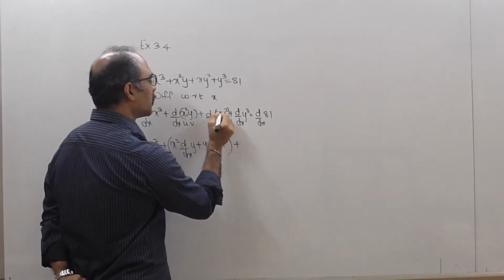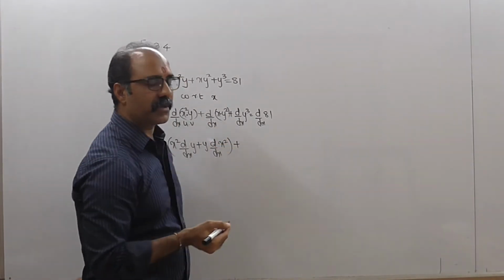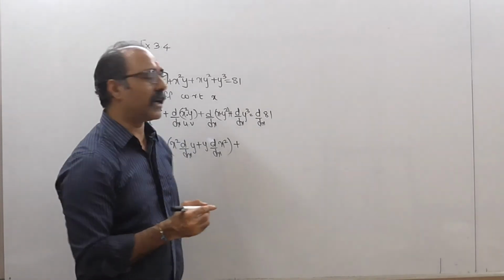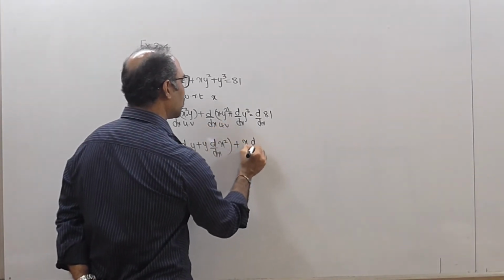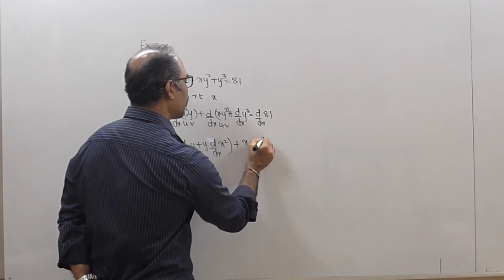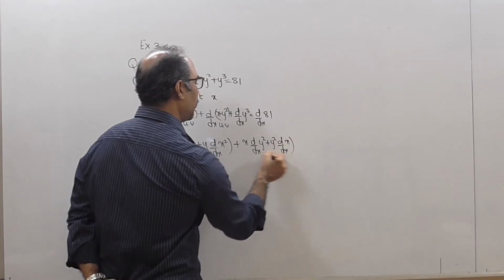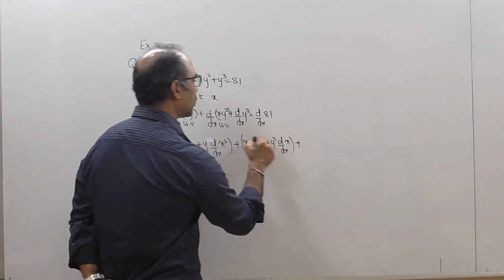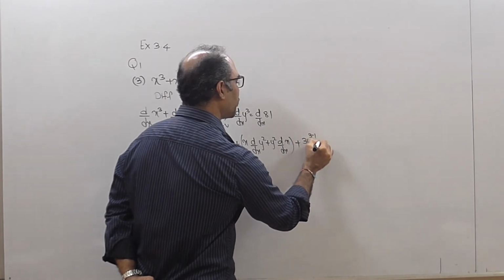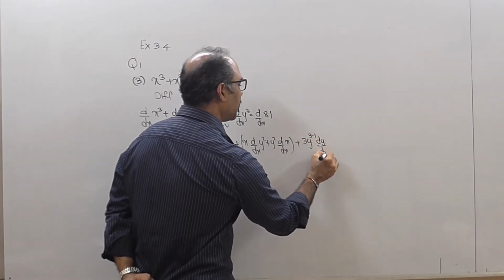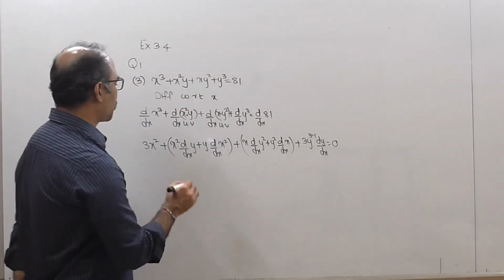Plus, again these are two separate functions. x is one function, y is another function. Both are not constants, they are separated by a multiplication sign. Again you will have to go for u into v, that is x d by dx of y square plus y square d by dx of x plus the derivative of y cube is power function 3y raised to 3 minus 1. But if you find the derivative of y, you will have to attach dy by dx to it.